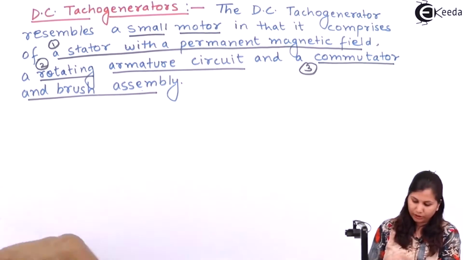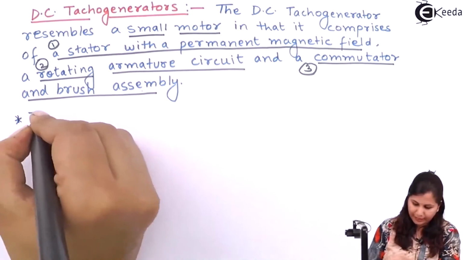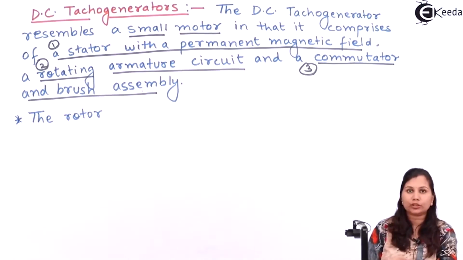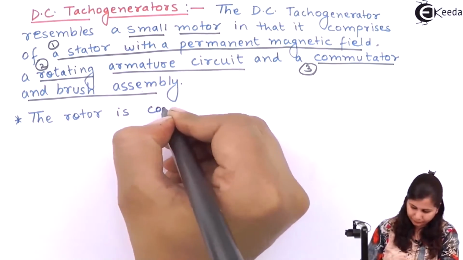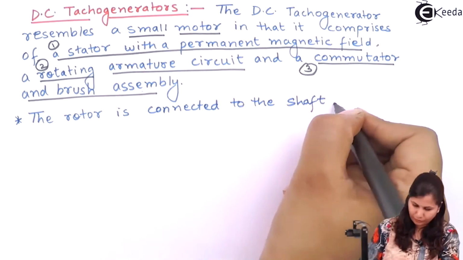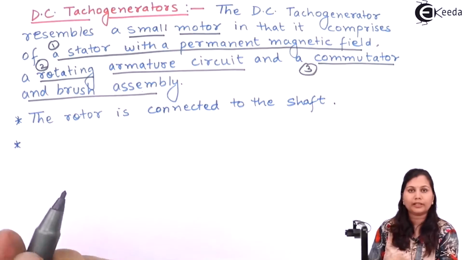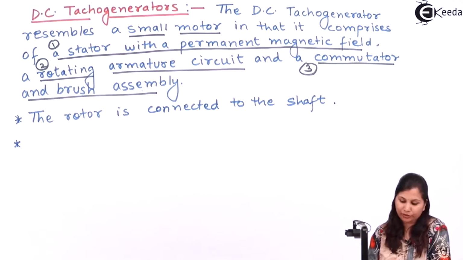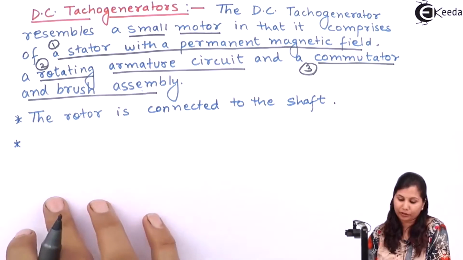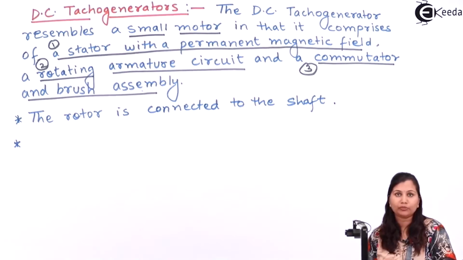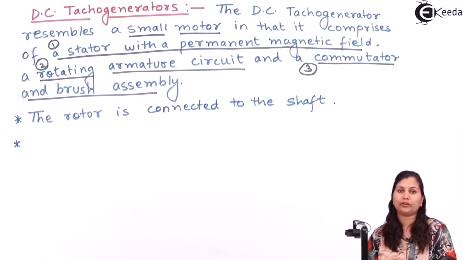Now the rotor of the DC tacho generator is connected to the shaft. The output voltage which we get as an output of this DC tacho generator is proportional to the angular velocity of the shaft, because as we have studied, tacho generators produce an output which is proportional to the angular speed of the shaft.